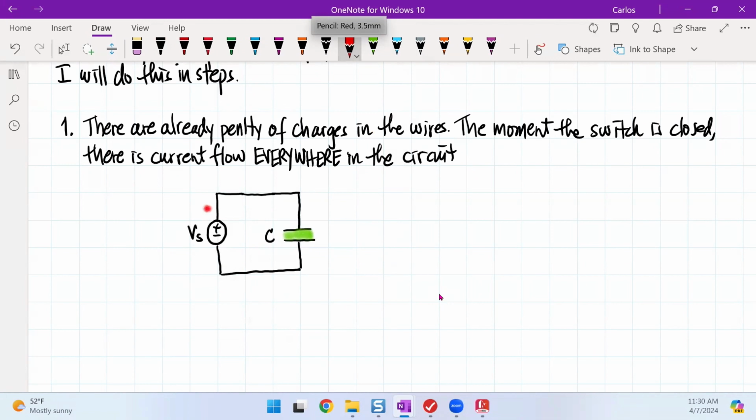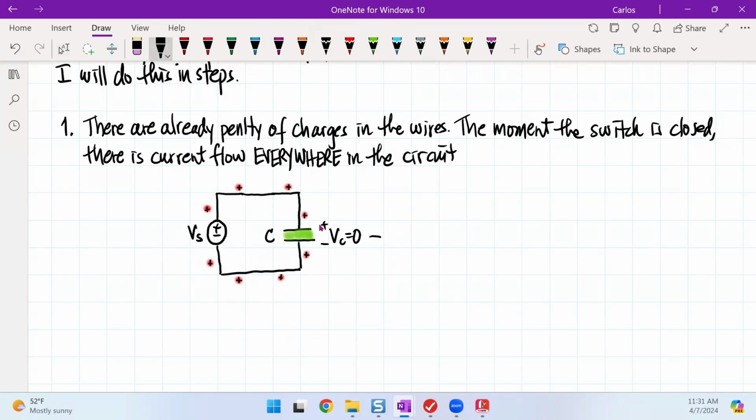So that means I have charges everywhere in the wires. And in this case, since we're talking about positive current flow, I have little positive charges there. So the moment it switches over, there is no charge on the capacitor, so its voltage is 0.